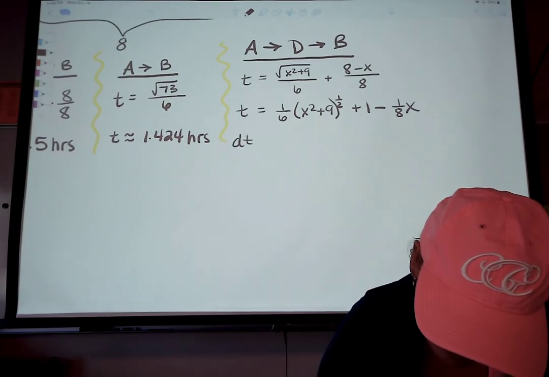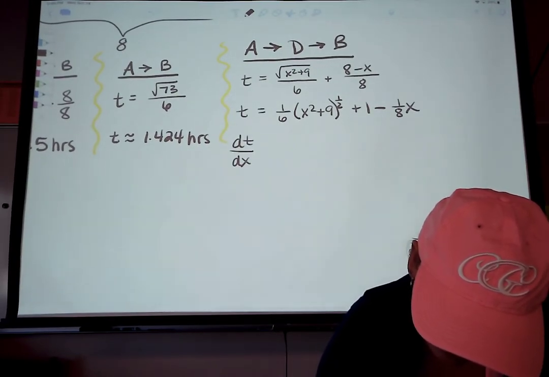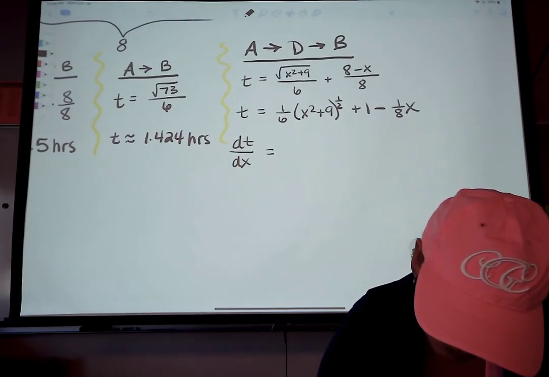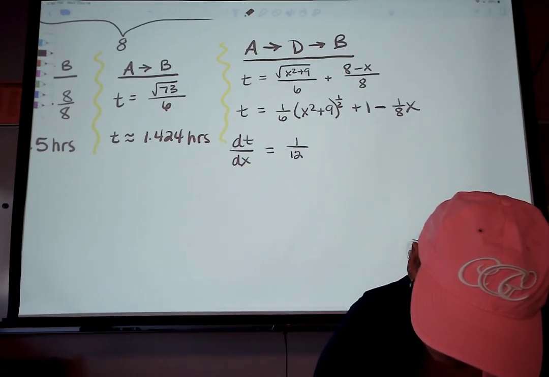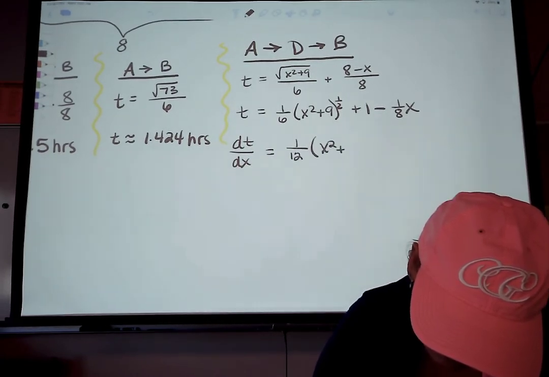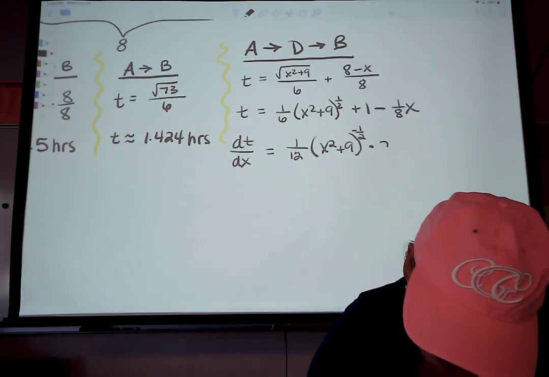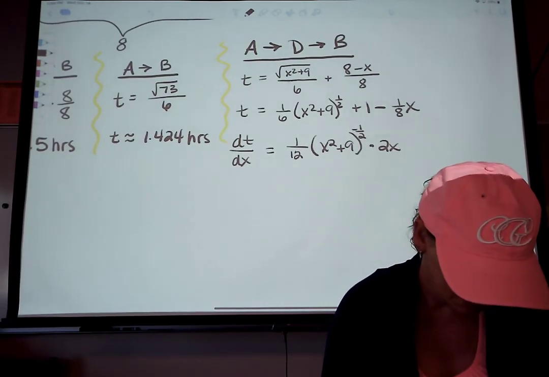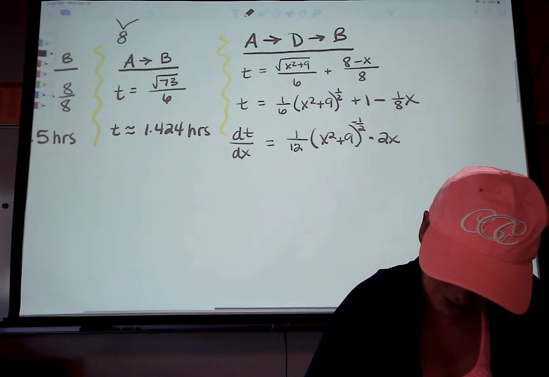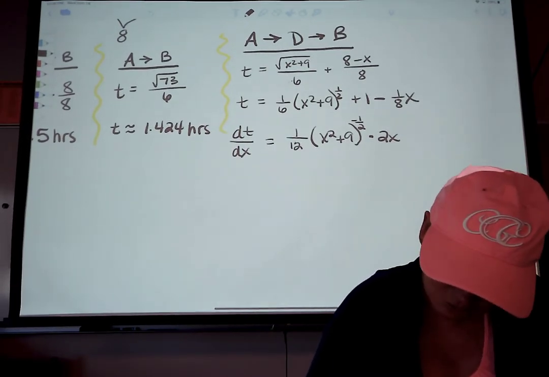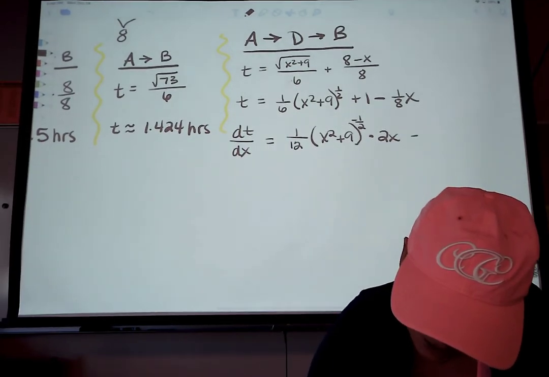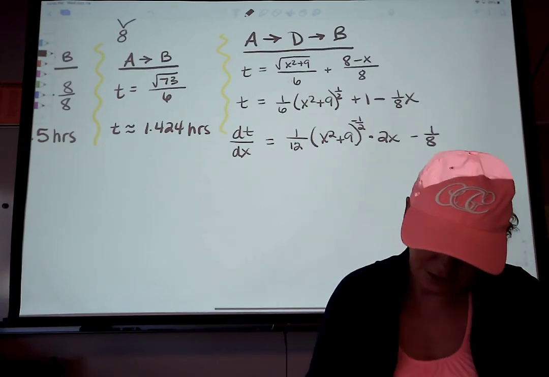The derivative of time, and x is our variable, so I'm going to power rule. Lower it, chain rule. Derivative of 1 is 0 minus 1/8.